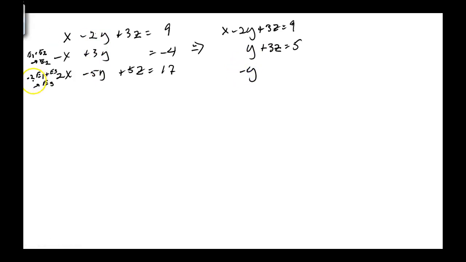Okay? Negative 2 times 3z is negative 6z plus 5z is negative z. And negative 2 times 9 is negative 18 plus 17 is negative 1. Okay, good deal.